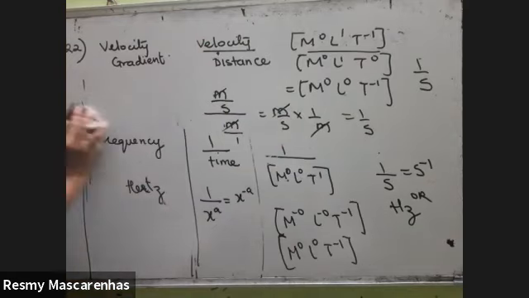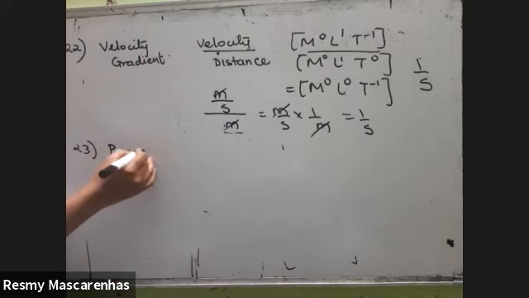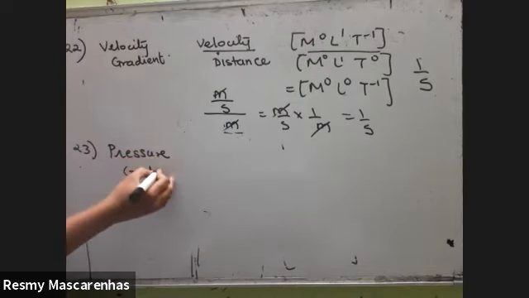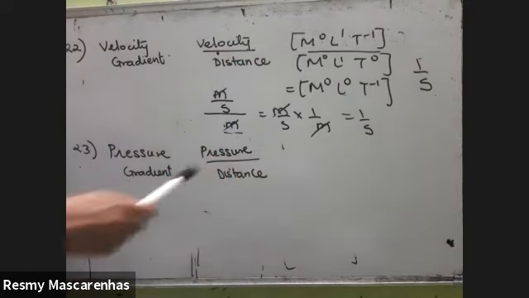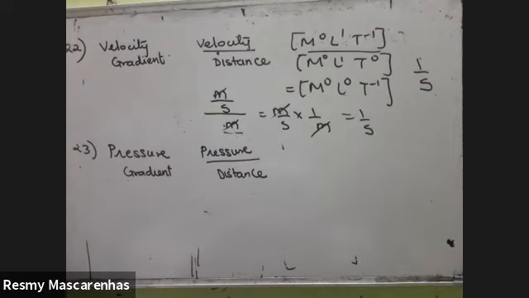Same way, you have pressure gradient. Same as velocity, if you have pressure, then it will be pressure upon distance. So substitute the dimensions of pressure and then the dimensions of distance, then calculate.